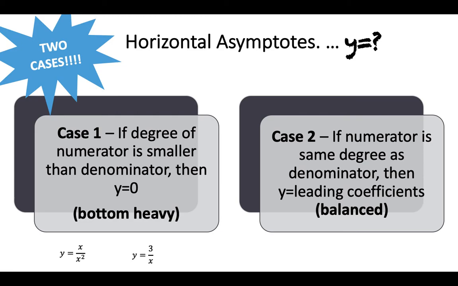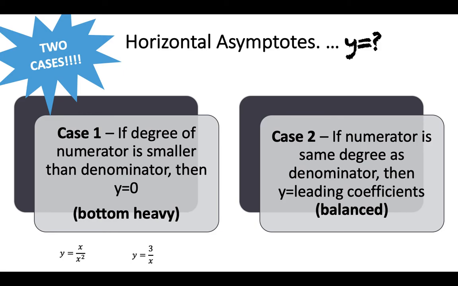Another example on this page shows us y equals 3 over x. So the denominator has an exponent of 1. The top has no x at all, so that one is definitely bottom heavy.